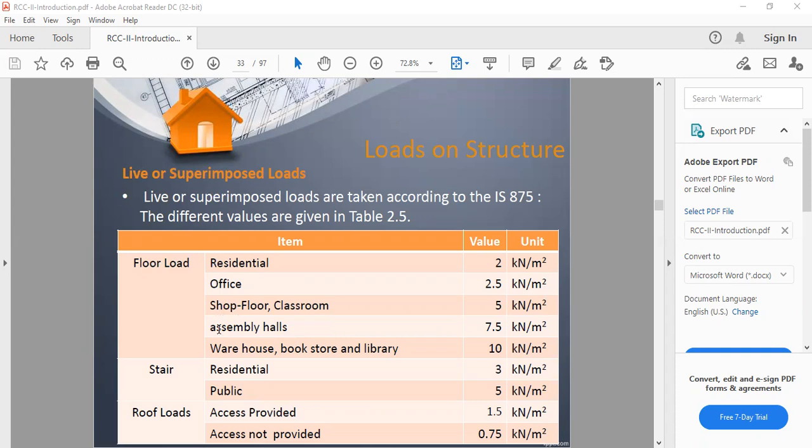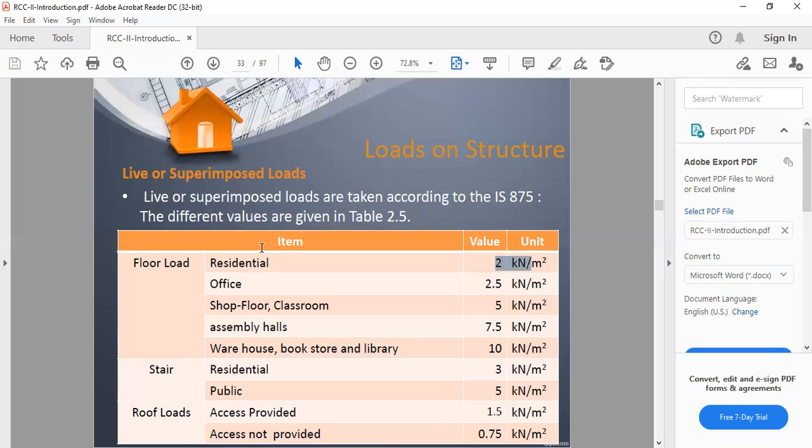According to the different buildings, that floor load will vary. A residential building has 2 kilonewton per meter square. Live load for an office is 2.5 kilonewton per meter square. For a shop floor, it is 5 kilonewton per meter square. And for a warehouse, bookstore, and library, it is 10 kilonewton per meter square.